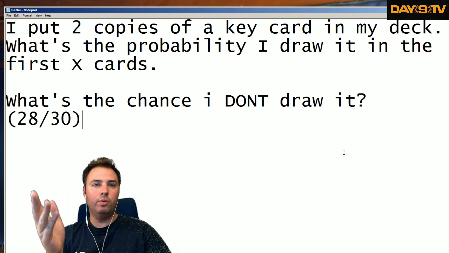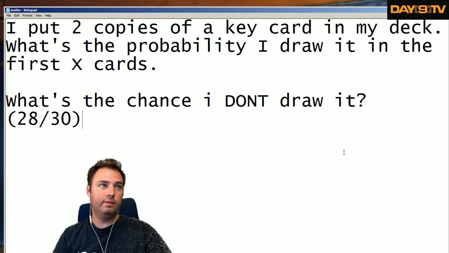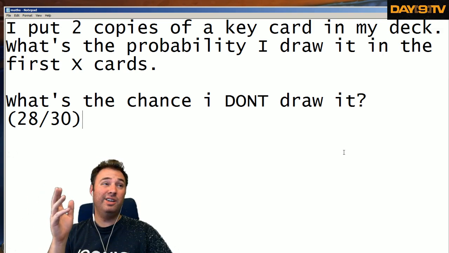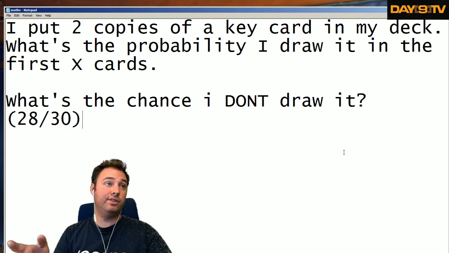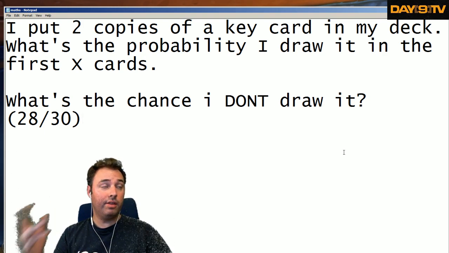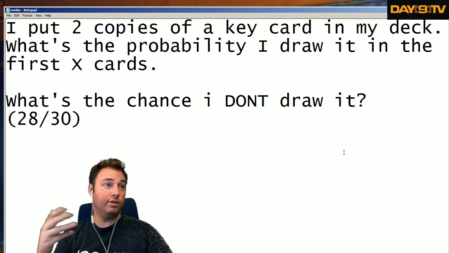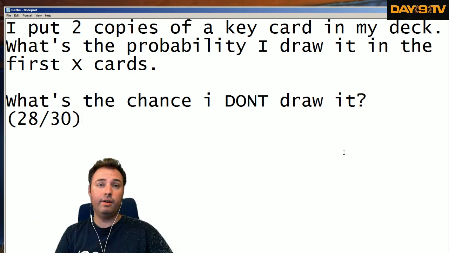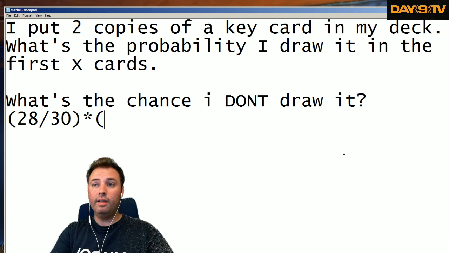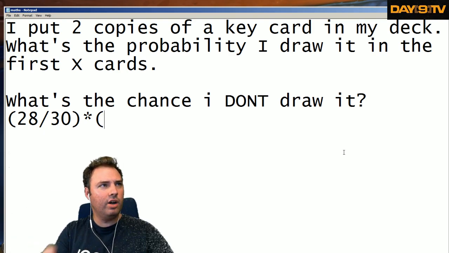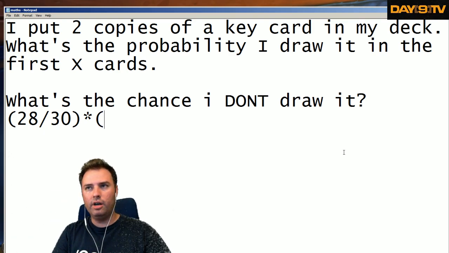What's the chance I don't draw it in the very first one? 28 of the cards are not a Gadgetzan Auctioneer out of 30 possibilities, so it's 28 out of 30. But if the first card was not a Gadgetzan, the second card also is not a Gadgetzan Auctioneer.